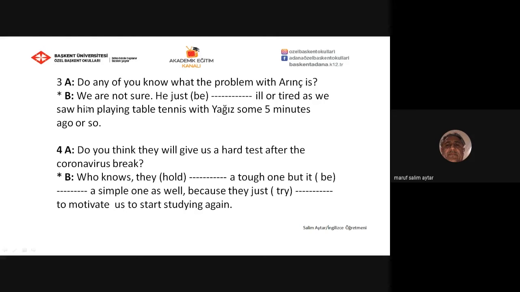The best clue is we're not sure. If you're not sure, you need to make a weak deduction. Do you think they will give us a test after the coronavirus break? Who knows? This is another point telling us that we should make a weak deduction.